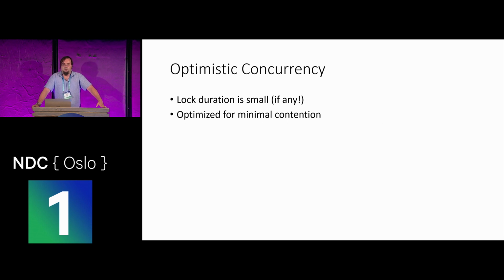So an update request comes, takes the record, does whatever it needs to do with it, a transaction for example, and then tries to write it down and sees if nobody has updated it in the meantime. So that's in theory very nice.